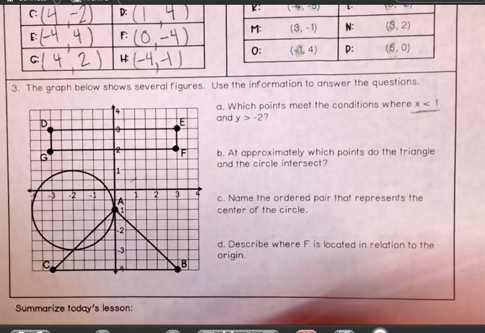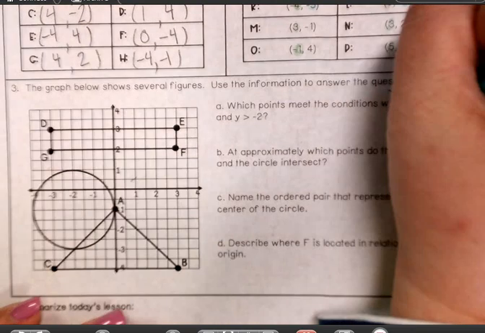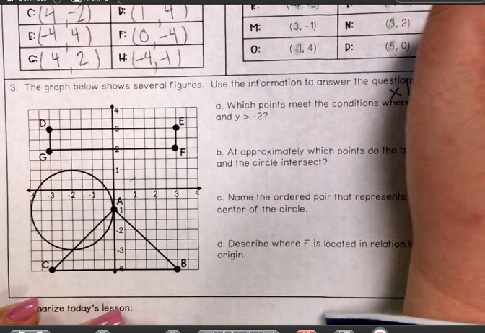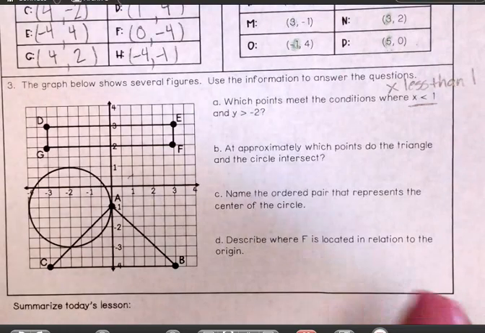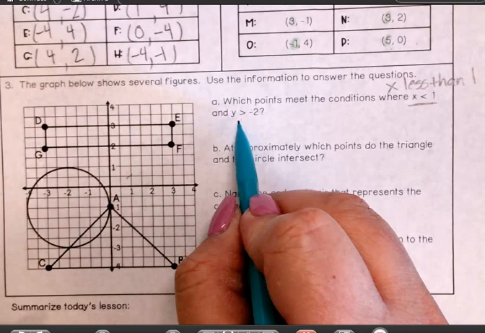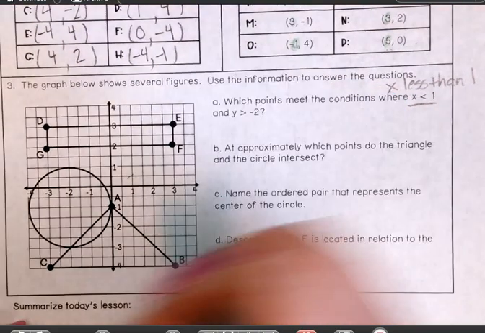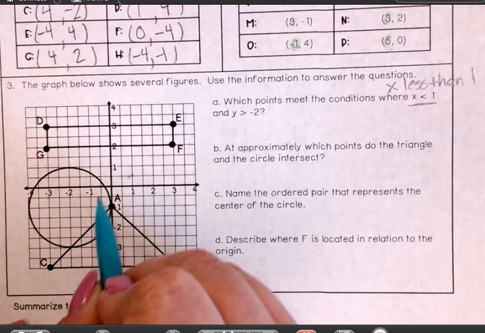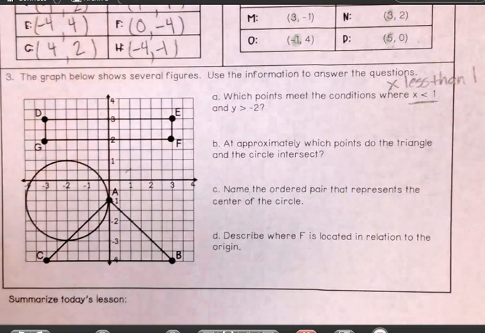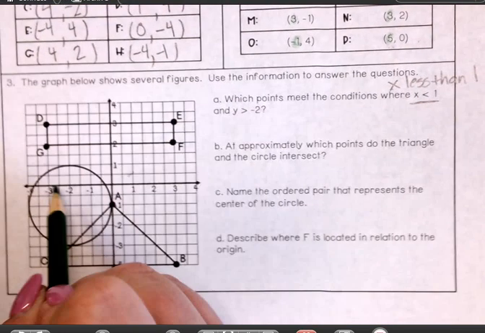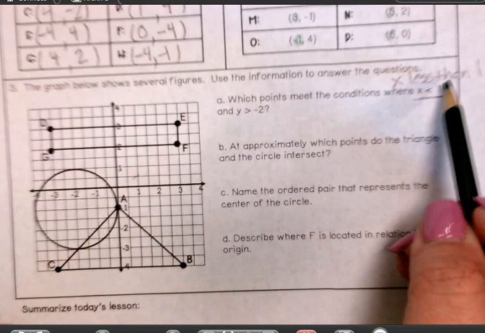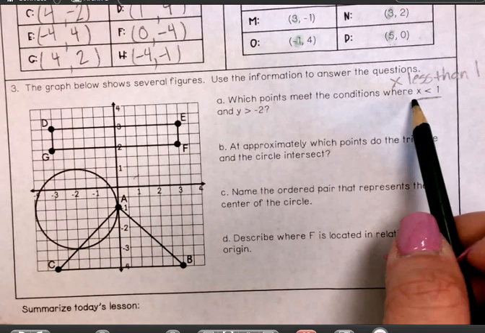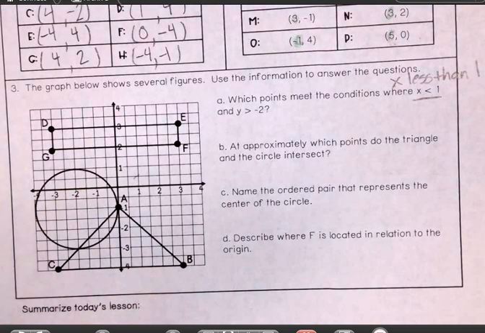X is less than 1, right? So now, X, that means on the green axis, it's going to be anything less than 1, which means I'm basically going to deal with zeros and negative numbers, correct? Yes. Now, what does Y say?